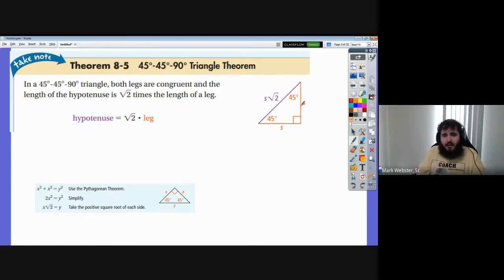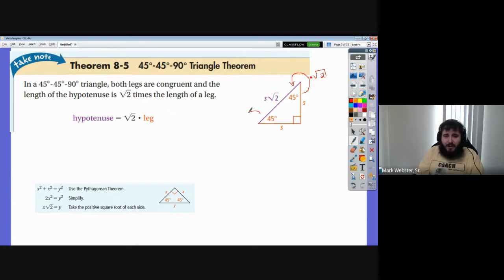So if I've got the leg, if I want to find the hypotenuse, all I do is multiply by radical 2. So if the side length here is 5, the hypotenuse is 5 radical 2. If the side length here is 22, then this is 22 radical 2. Whatever. All right? And vice versa.